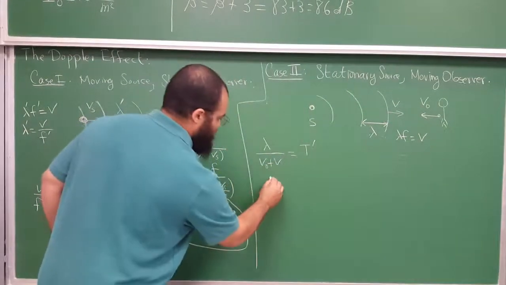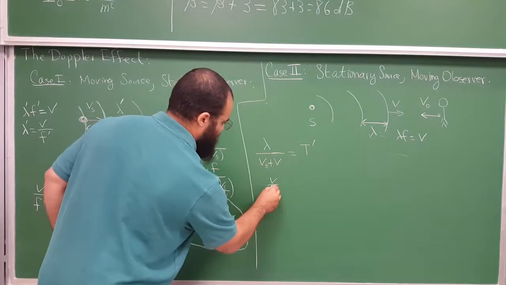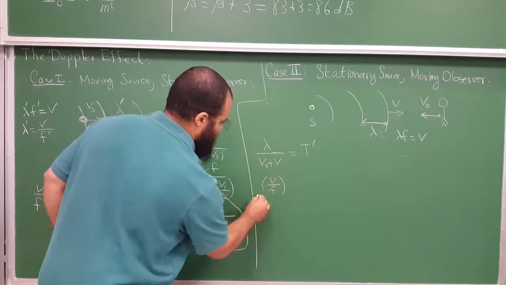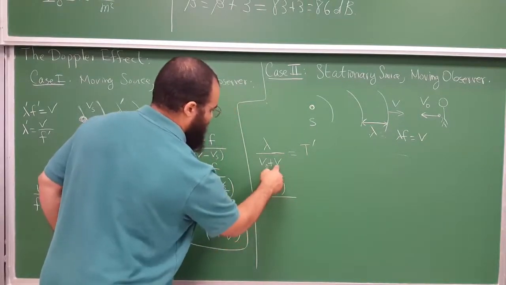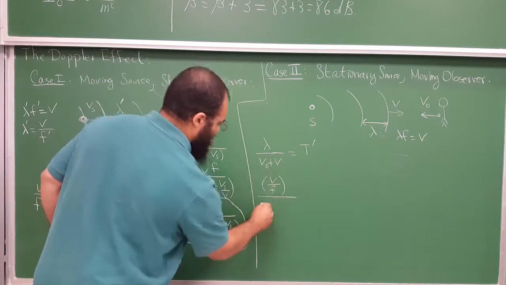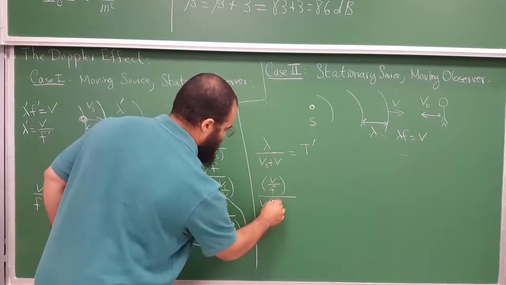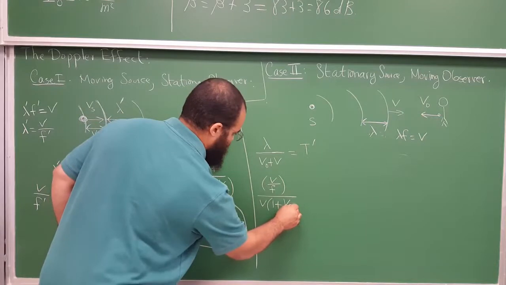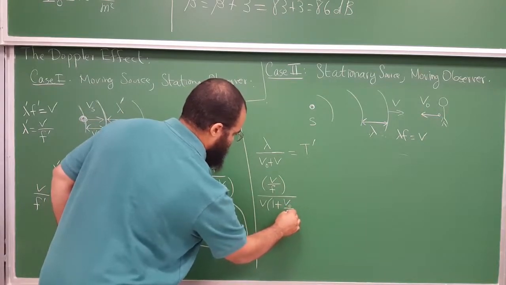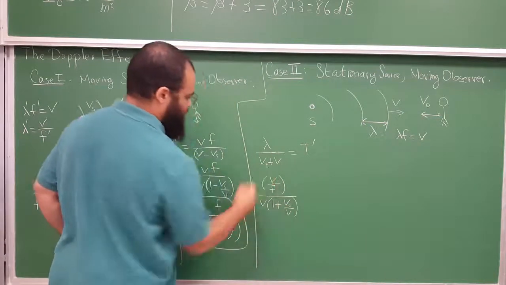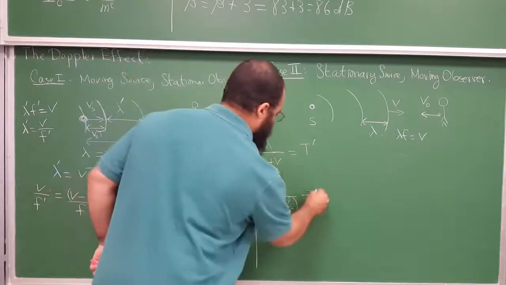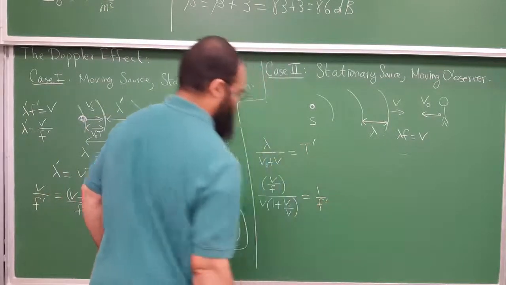And so this is v divided by f on top, divided by v plus v0. I'm going to factor a v, so I get 1 plus v0 over v. And here I have 1 over f prime.